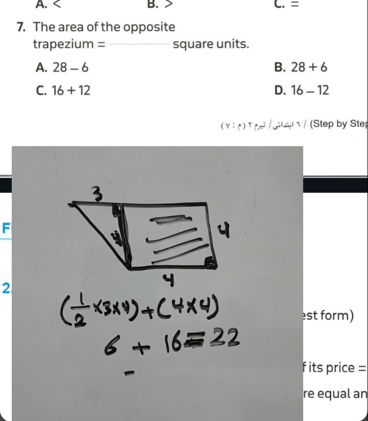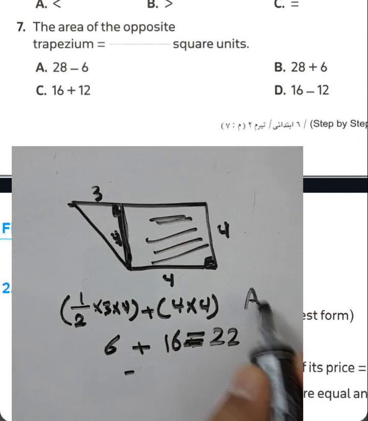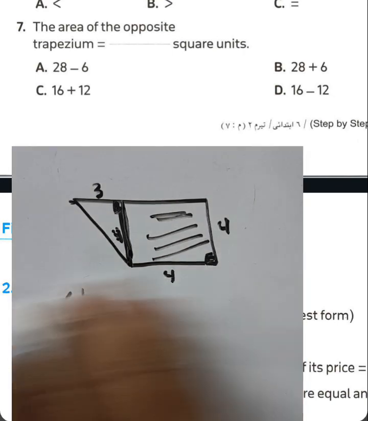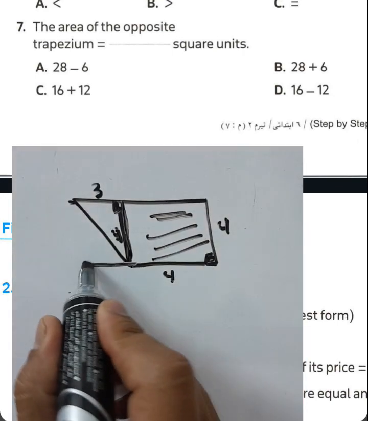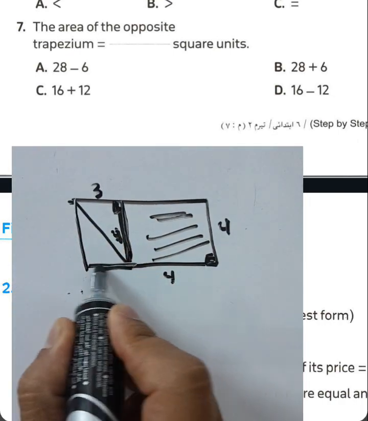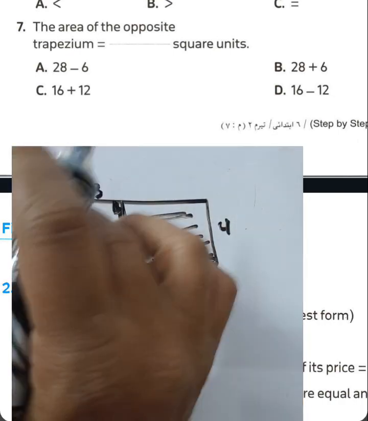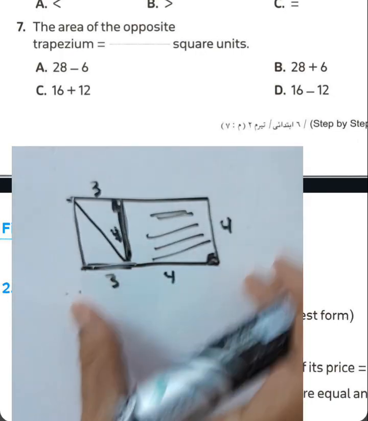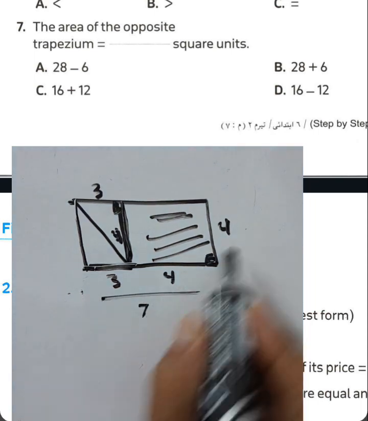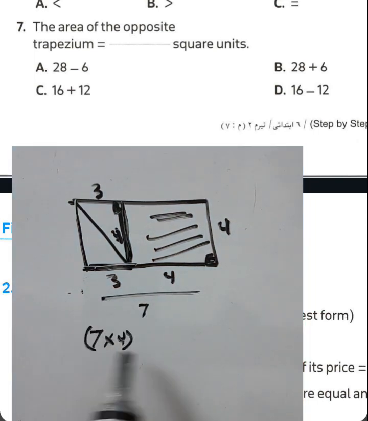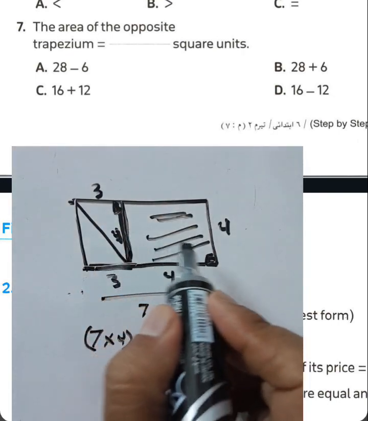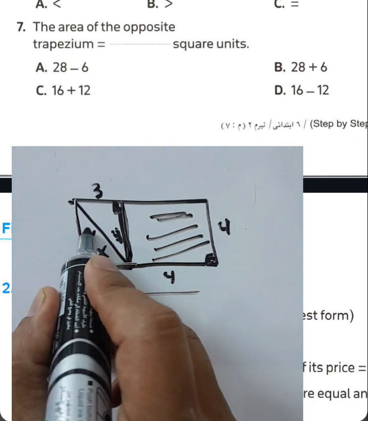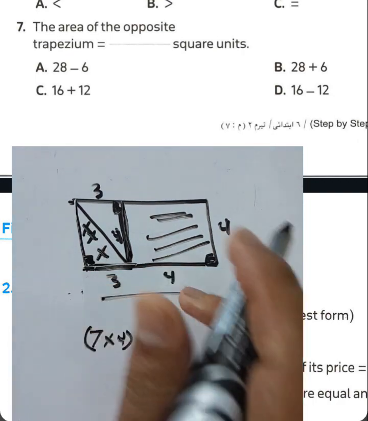He solves this example by another method. Okay, choose letter A. How does he solve the example? He solves it by drawing a rectangle. Complete this figure. 4 plus 3 equals 7. He finds the area of the rectangle, length 7 and width 4. 7 times 4, subtract the area of the triangle to get the result.